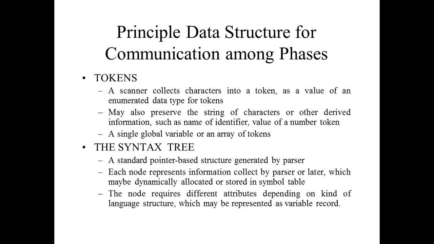There are a number of data types we can use for the tokens. It may also preserve the string of characters, or other derived information such as the name of an identifier or the value of a number, or token. So these are called the basic principal data structures.